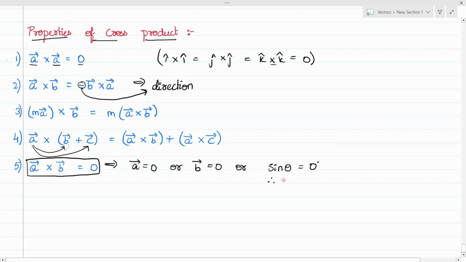From here, we can write theta is 0. Theta is 0 means A and B vectors are parallel to each other. This is the reason theta is 0 degrees. So these are the three possible conditions for A cross B equal to 0.